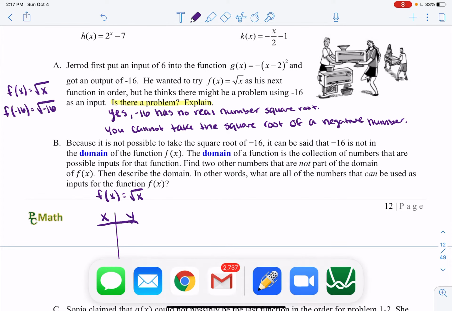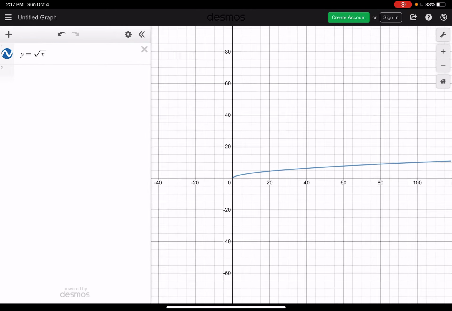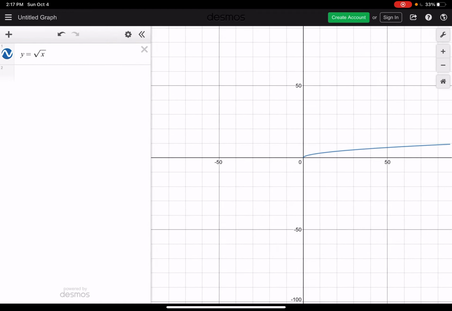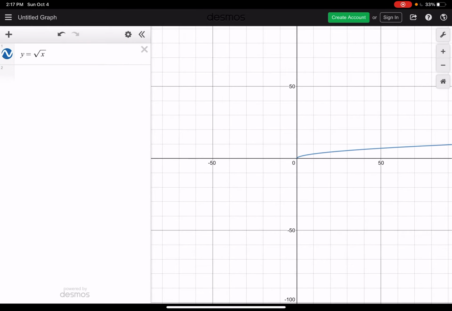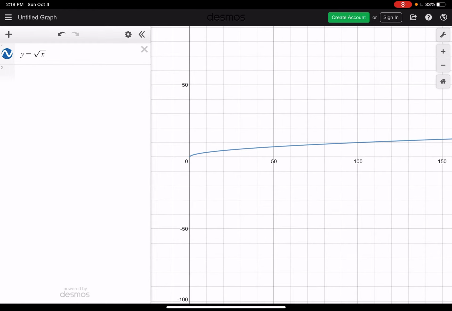So let's take a look at Desmos for a second here. If I said y equals the square root of x. Okay, so this is interesting. My very first point is 0, 0. Notice there's nothing else to the left of this, right? So when we're thinking about just looking at our x-axis here for our domain, which numbers are we using?